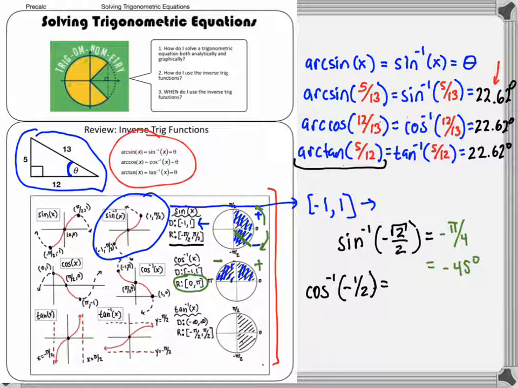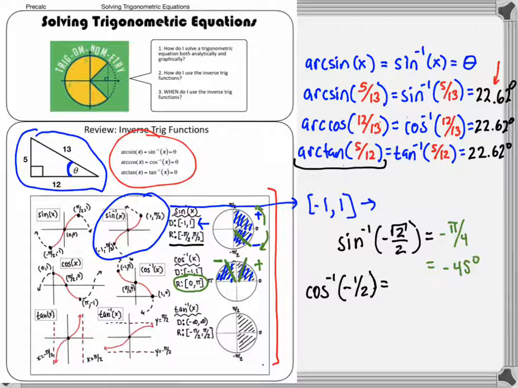I know that the cosine of pi over 3 is going to give me positive 1/2. So I look over here and that is going to be 2/3 pi.